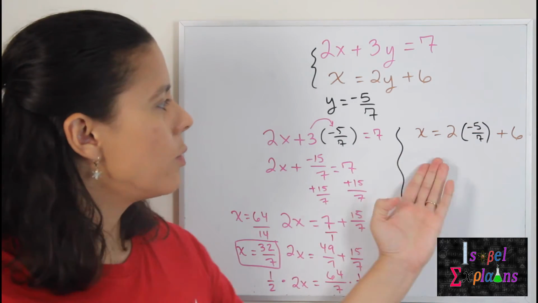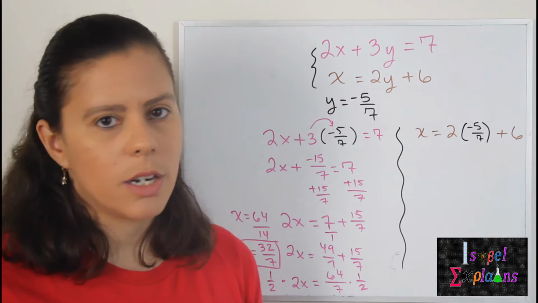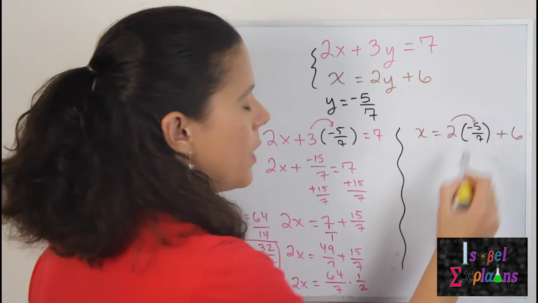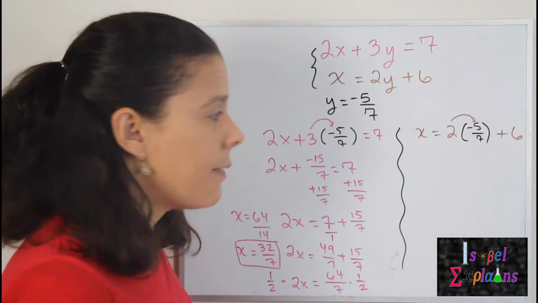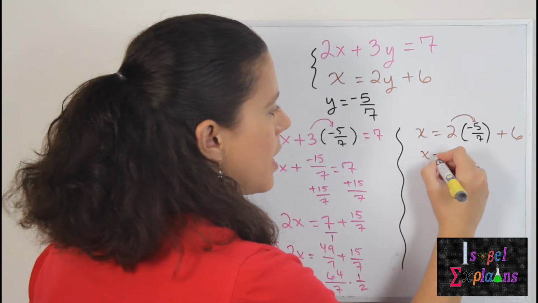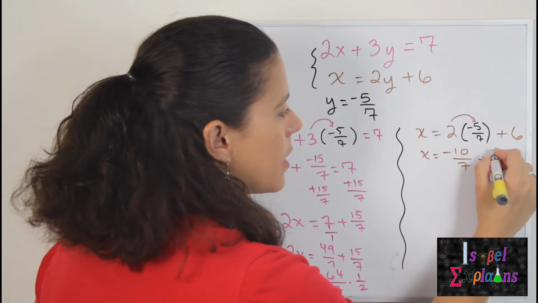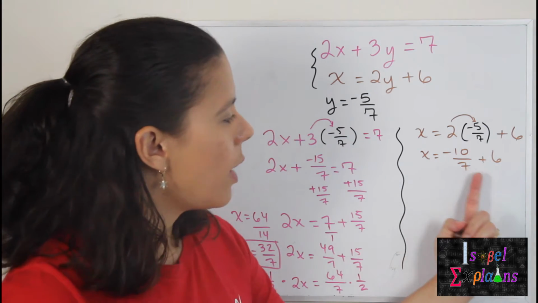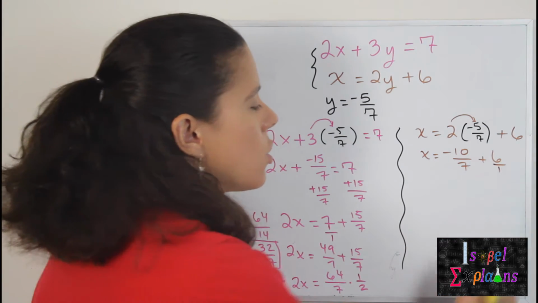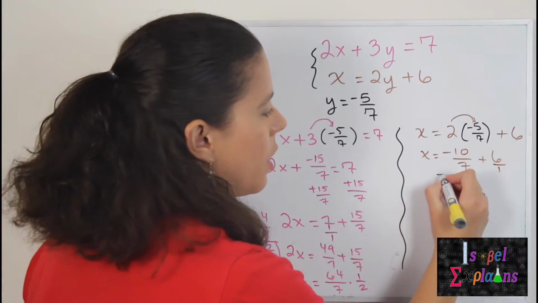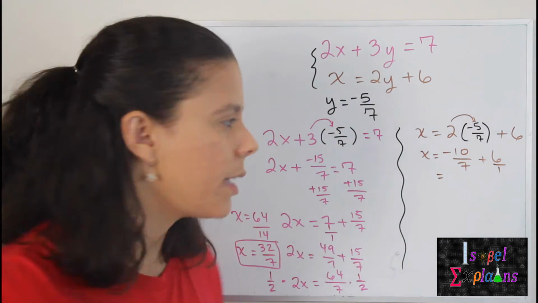So let's go ahead and do it for the other one to make sure that we did our steps correctly. So we multiply the 2 times negative 5 over 7. That's going to be x equals negative 10 over 7 plus 6. And again, this is 6 over 1. So we're going to multiply it by 7 on top and bottom to have a common denominator.